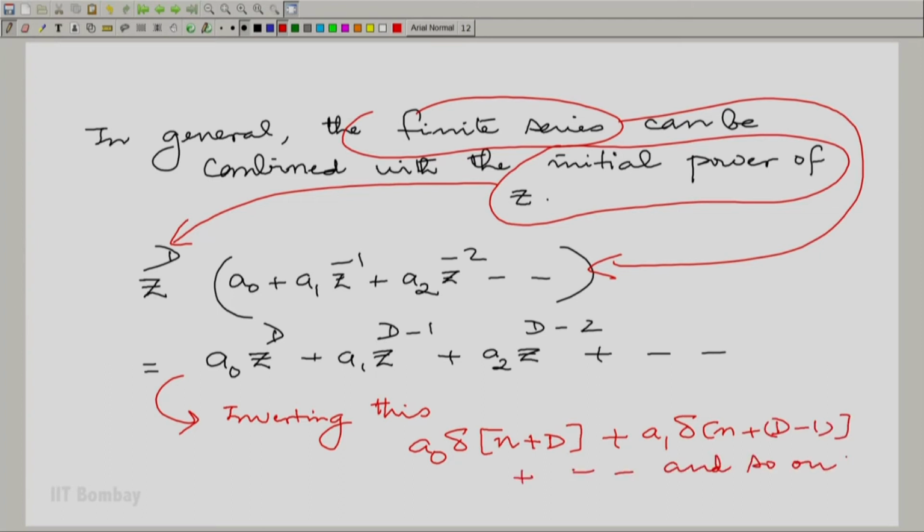So, you get a train of discrete impulses, a finite length sequence, and if we invoke the linearity of the z transform, then one can easily see that you can treat that finite series separately, dispense with it, get that finite length sequence, and now deal with the remainder divided by the denominator separately.